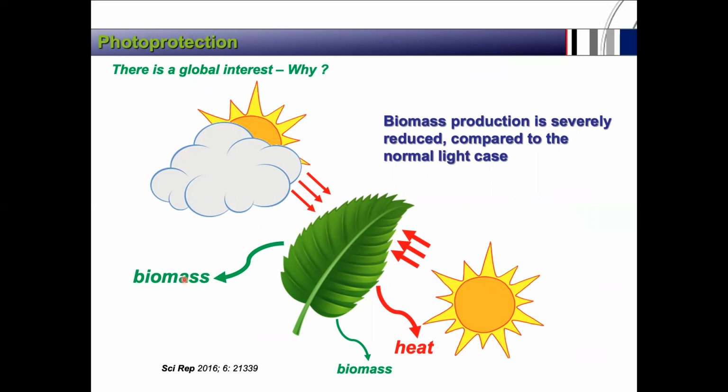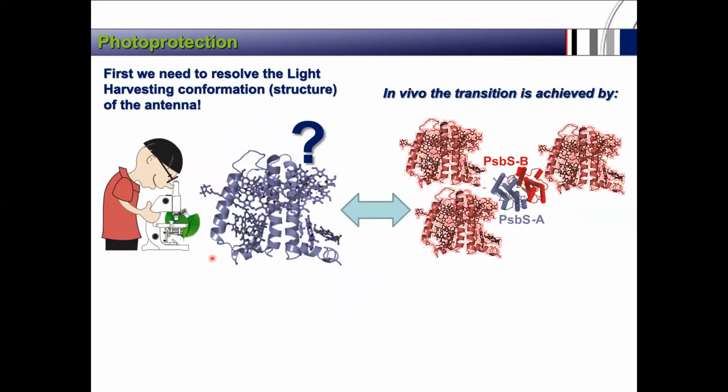So we can check this photoprotective mechanism, if we know the photoprotective or the light harvesting structure, and direct these energies to biomass production. But first, we need to resolve the light harvesting conformation of the antenna.